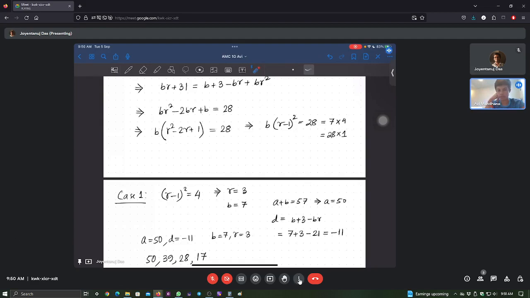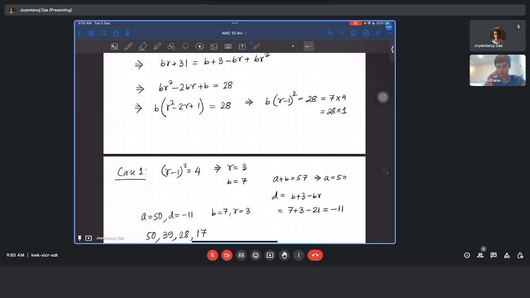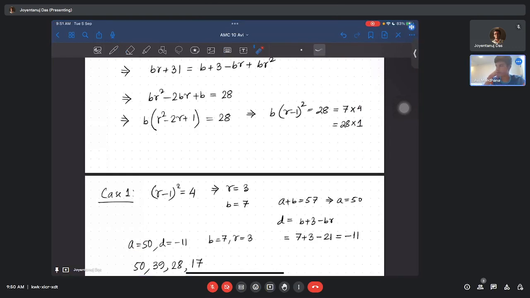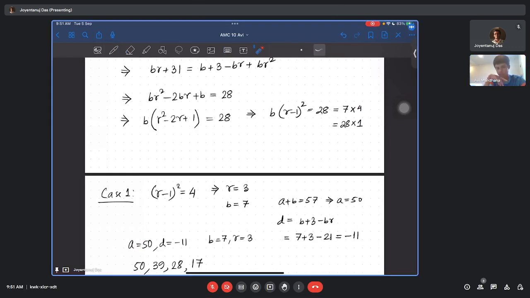That is only possible because you have integers. Other than that, we don't have any factorization, because I want this part to be a perfect square. These are the only two options for a perfect square in 28. So these are the only two cases.